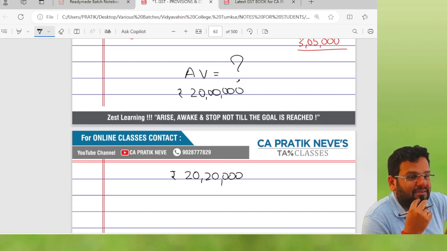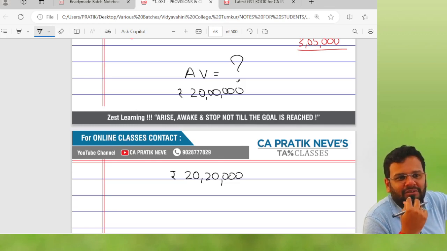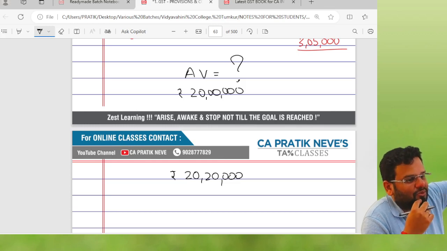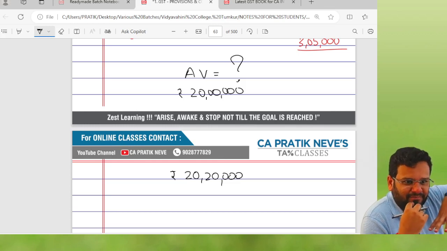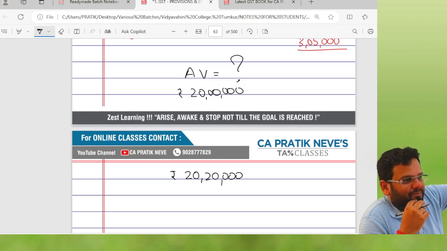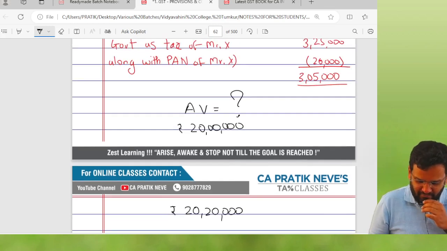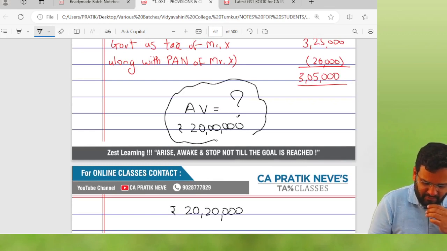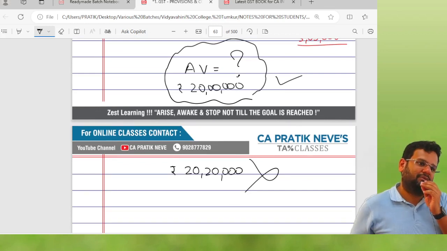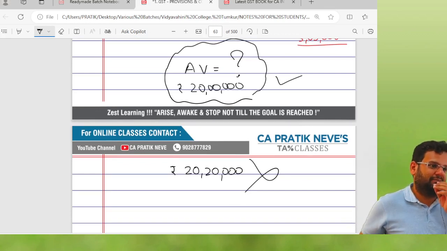But is TCS a separate tax or is TCS a part of income tax? TCS is a part of income tax of the recipient of supply. So TCS is not a separate tax on the goods. It is just part and parcel of income tax. So it is clarified that exclude TCS. So what you said logically, that assessable value is 20 lakhs, is absolutely correct and not 20 lakh 20,000. That is the whole point.